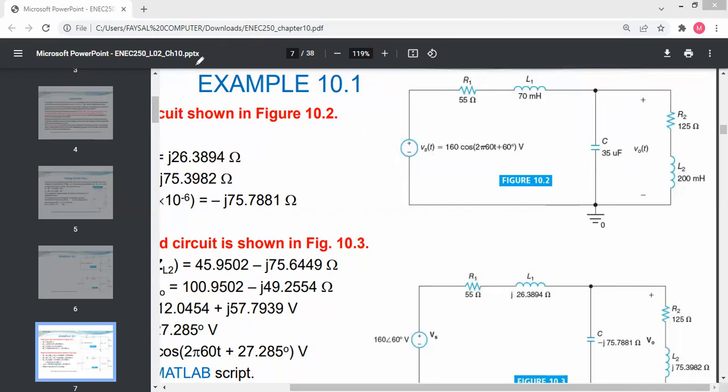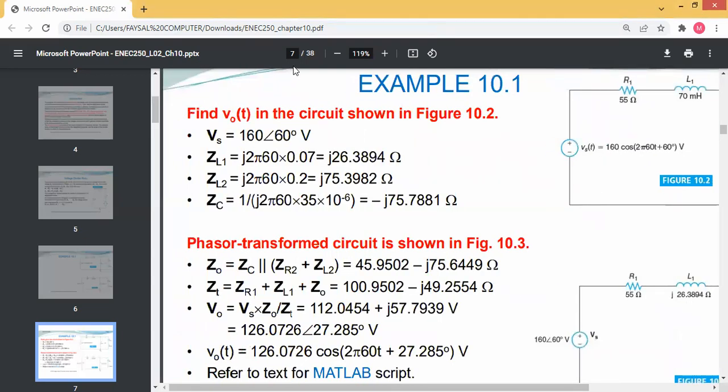So first, again, I will repeat it. First, we have to transform my value of Vs, voltage source. So it will be amplitude, this one, with angle 60 degrees, phase. So this is my first step. Now second step for impedance ZL1. So ZL1 will be what? My 70 millihenry.